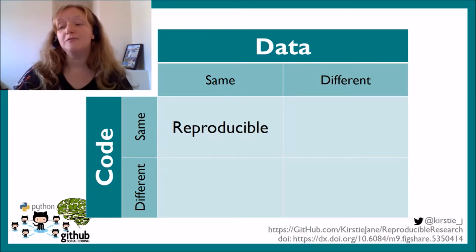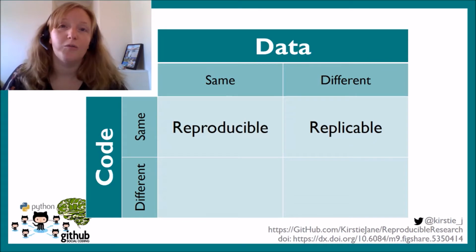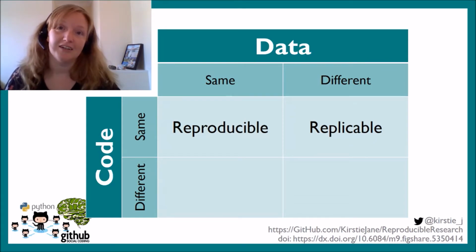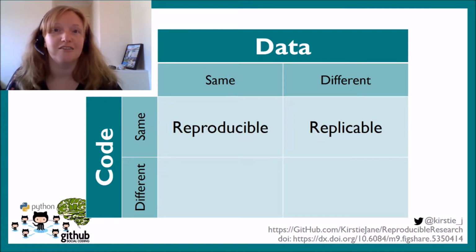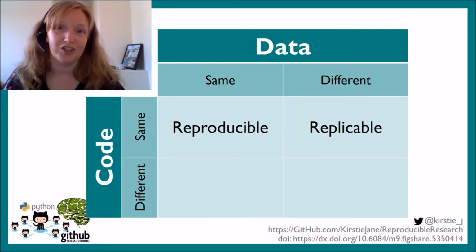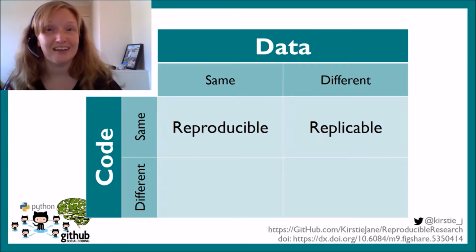Now, a different cell is if I give you my code or my analysis pipeline, the various steps, and you have some data. So it's an independent data set. Maybe it's some structural MRIs that you've collected as part of your study. And you want to see if for this given research question, if you take the same code as my original piece of work and run it on a different data set, do you get the same result?